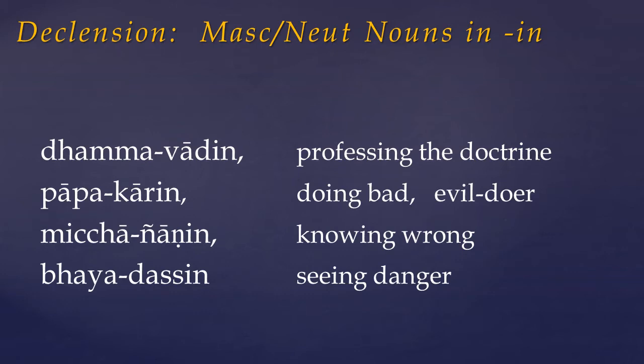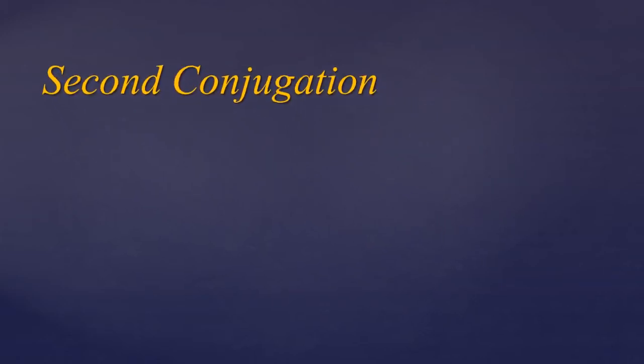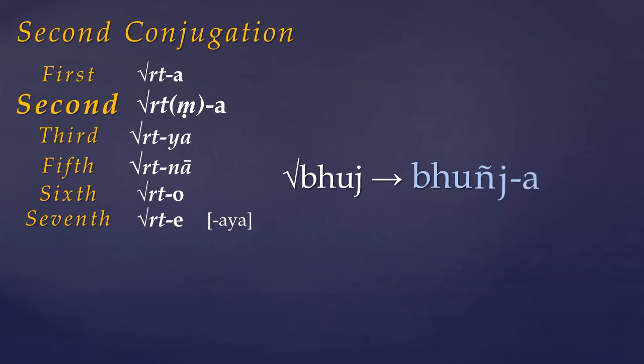Well, let's move on to the second verbal class of present stem conjugation. Verbs of the second class form their present stem by inserting a nasal before the final consonant of the root, and then appending a thematic a vowel.